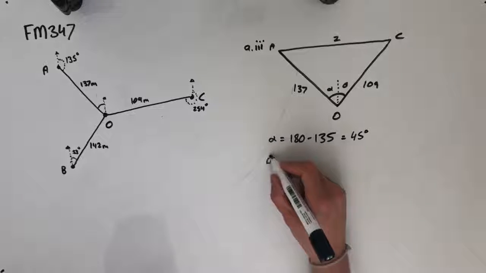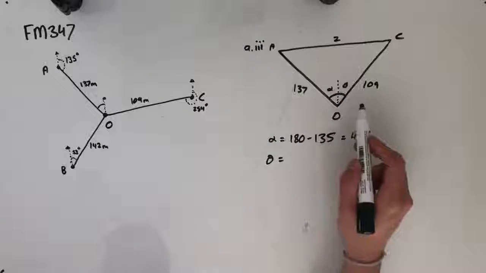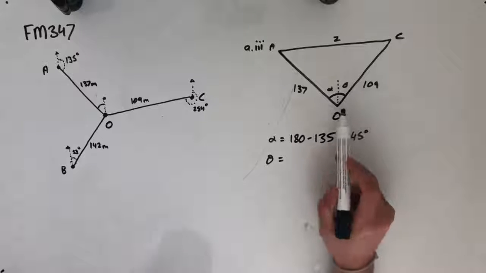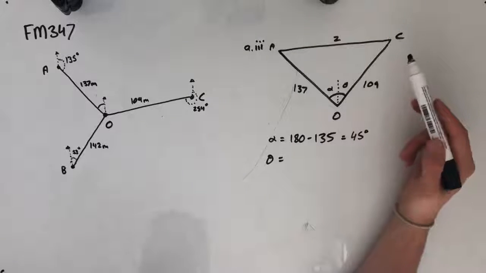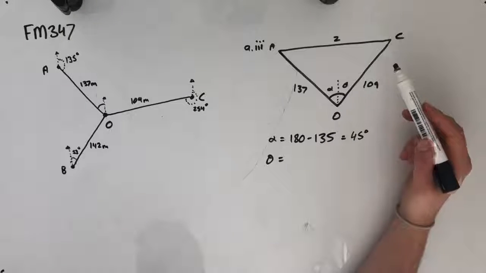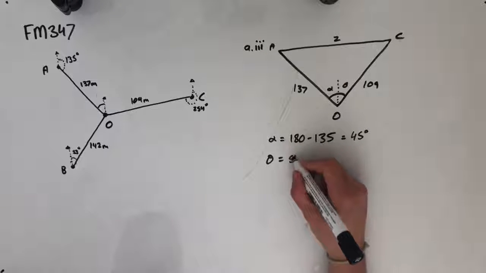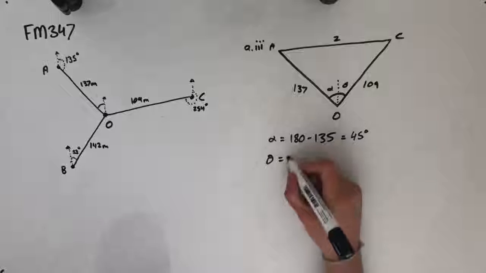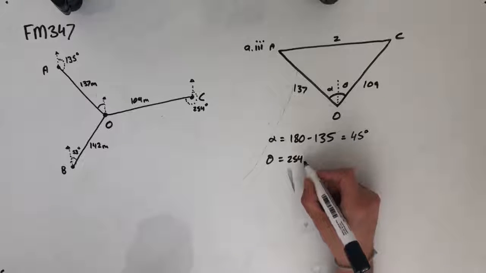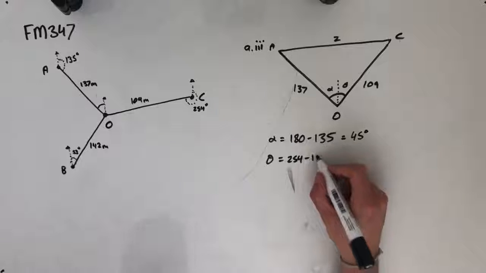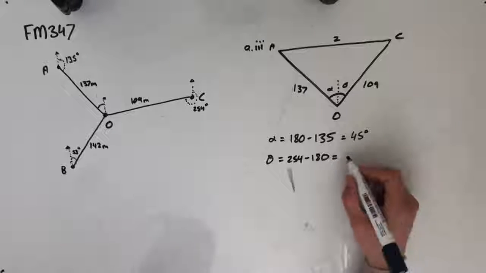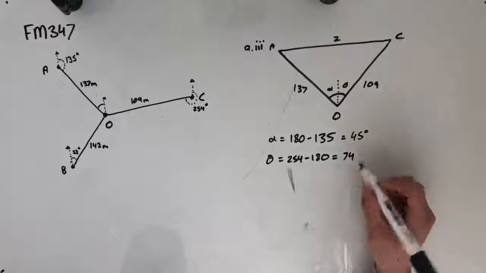This angle here, call it theta. This is the bearing from O to C. So we know that the bearing from C to O is 254. This is over 180. So to get the bearing from O to C, we simply minus 180 from that, and we're left with 74.